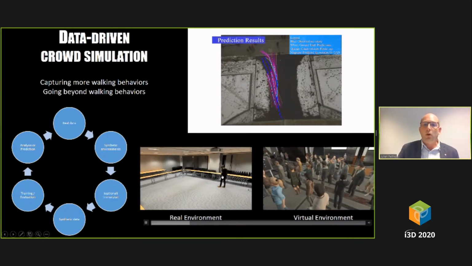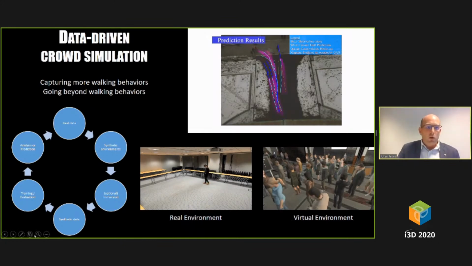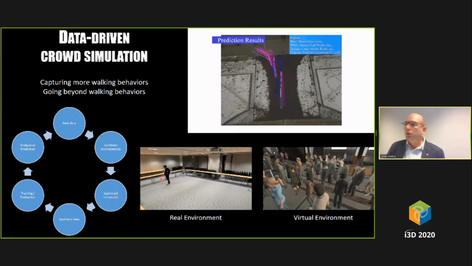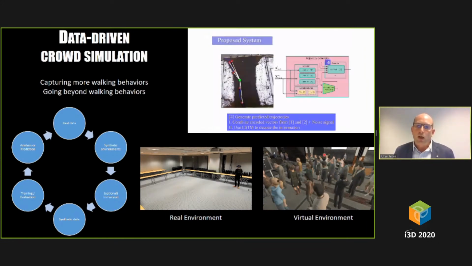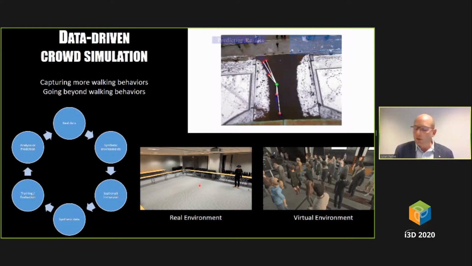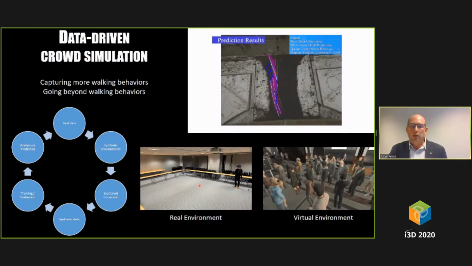So let me take an example of the kind of immersive environments that we create here, and the kind of task we ask users to perform, such as traversing a crowd. And you can imagine what it would take to have the same data based only on real experiments. You would have to gather all these users here, and we've done this in the past, and it's really, believe me, really painful.